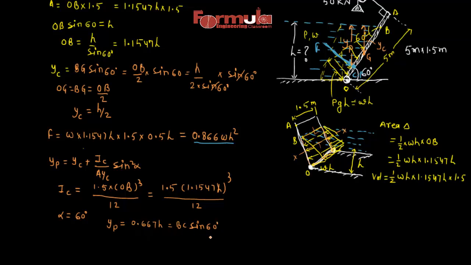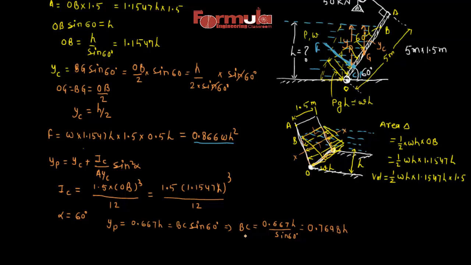From here we can calculate BC. BC is equal to 0.667 h divided by sine 60. Let me calculate this value. Roughly 0.7698 times h.